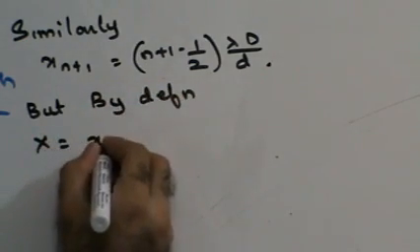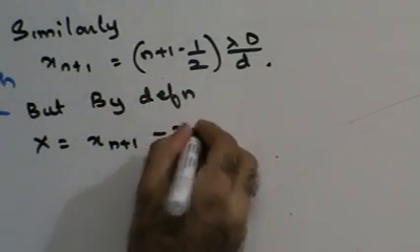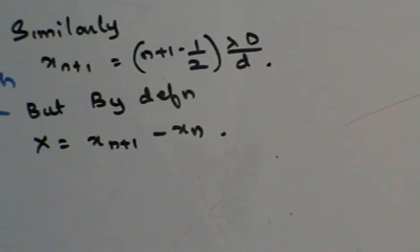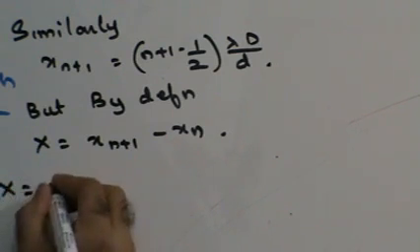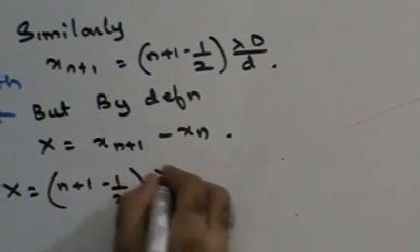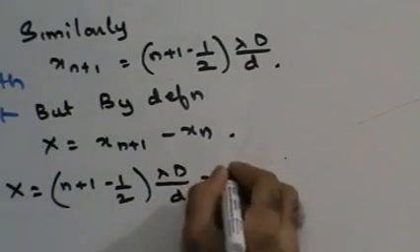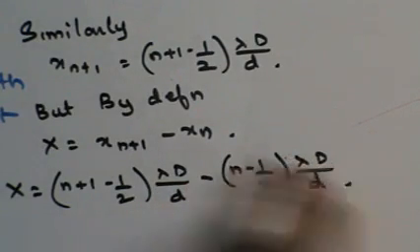But by definition, fringe width is the distance between two consecutive bright or dark bands, so fringe width is going to be x n plus 1 minus x n. So I can say that fringe width is going to be n plus 1 minus 1 by 2 lambda d by d minus n minus 1 by 2 lambda d by d.